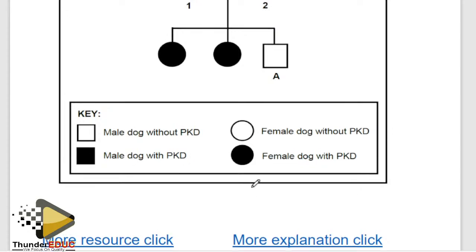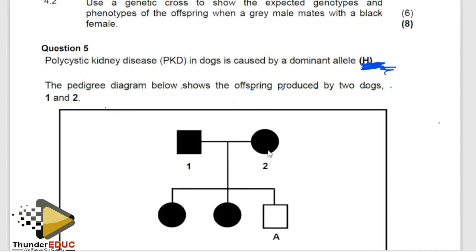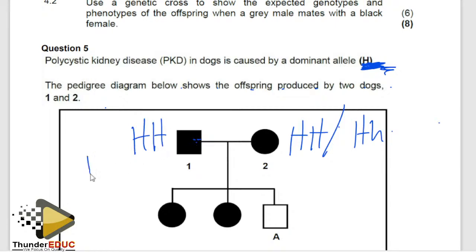So these ones which have the disease, it means that they are going to be capital H, or capital H, small h. Even this one is going to be capital H. It is a male, but I'm not using X and Y. Whenever there is a capital H, because it's caused by a dominant allele, this individual is going to be sick.